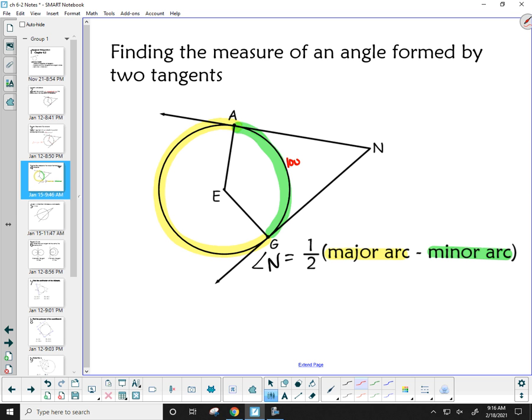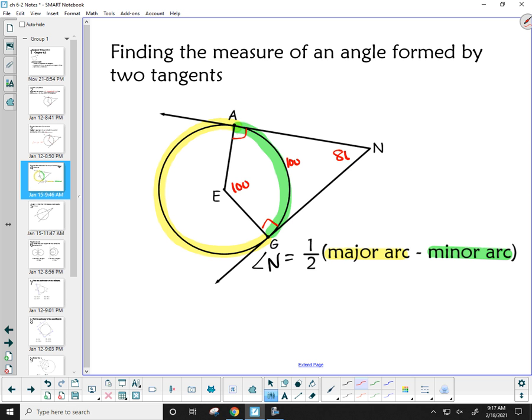But think about this. If this arc is 100, this is a central angle, so it must also be 100, right? So we have that arc is 100, so the central angle has to be 100. Well, now think about our kite. That's 90, that's 90. So then this has got to be supplementary.